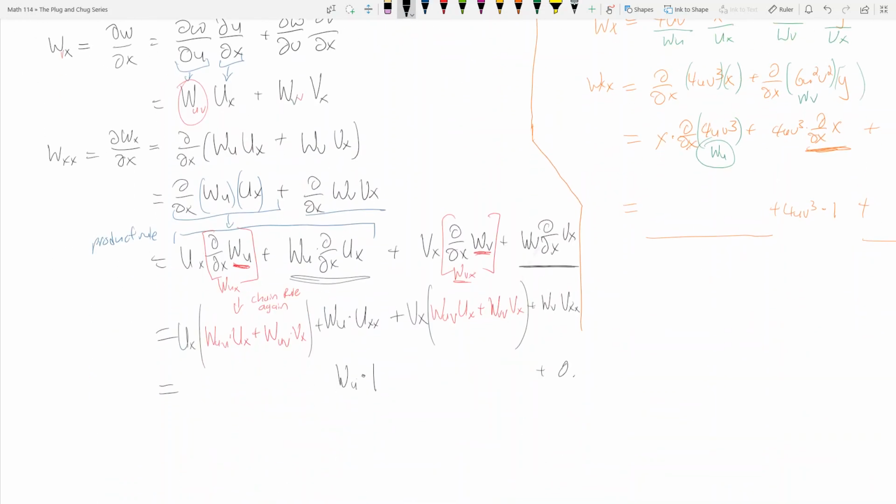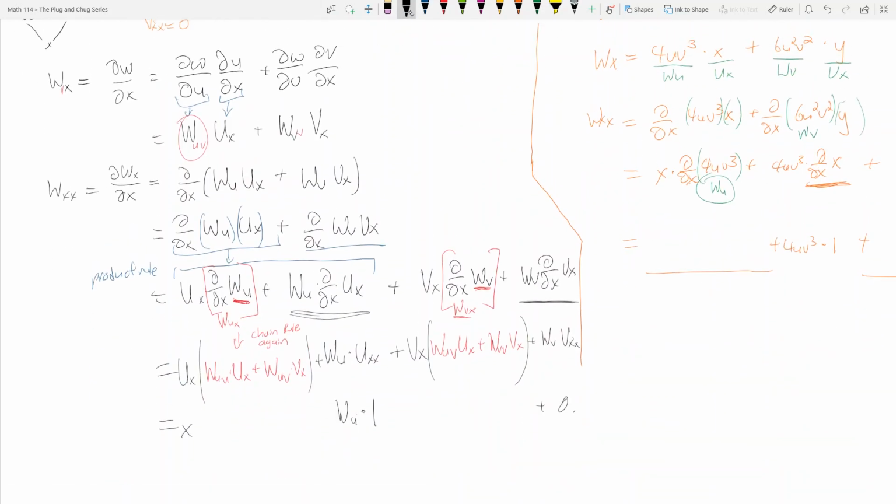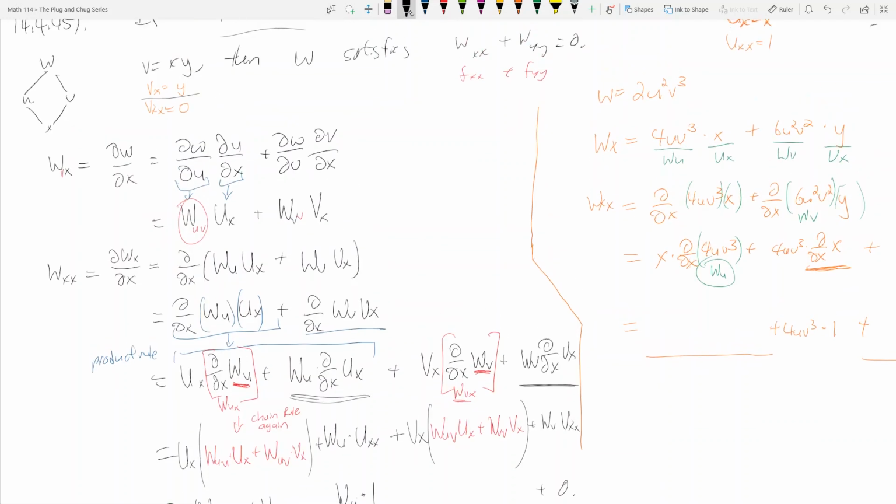So this becomes x times w sub u times u of x. Well, u of x we just said was x, plus w sub u sub v times v of x, which is y from above. V of x is y, right, up here in the orange.